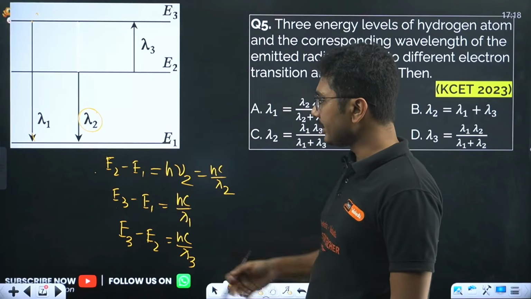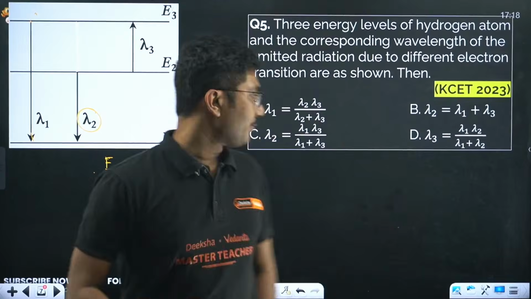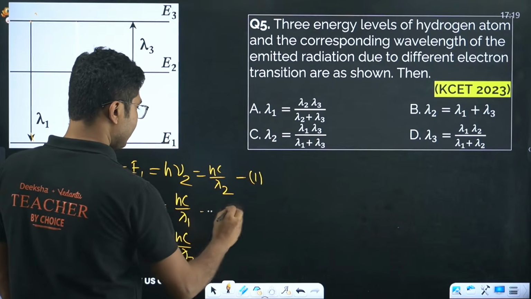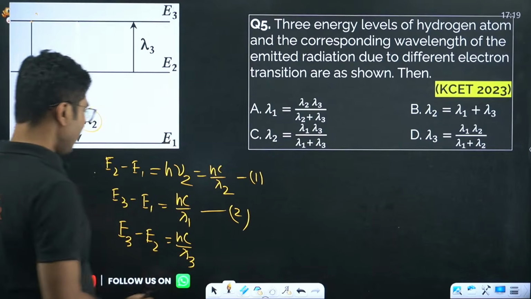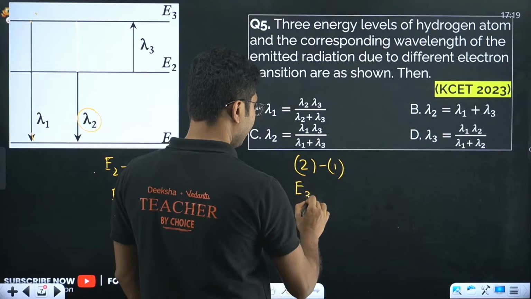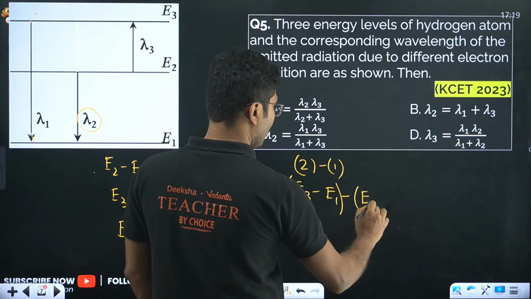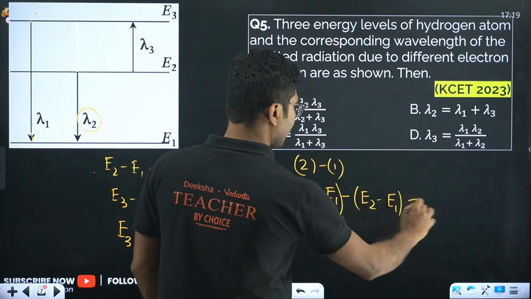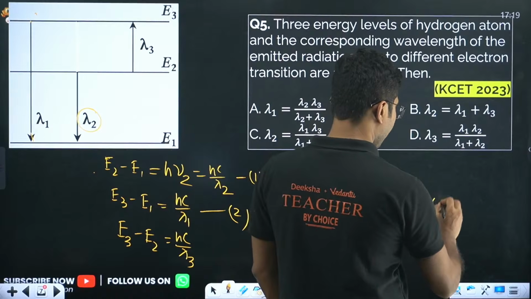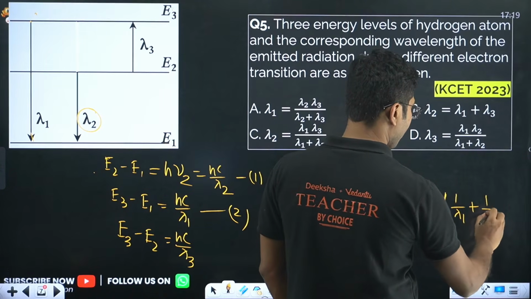How to do that? If you take equation number 1 and equation number 2, and subtract 2 minus 1, what you will get? E3 minus E1 minus E2 minus E1 equals hc common, 1 by lambda 1 plus 1 by lambda 2.